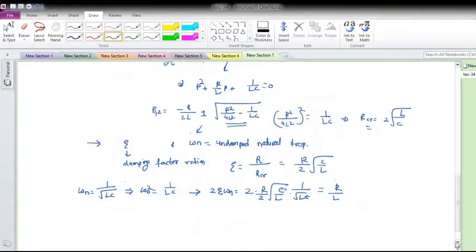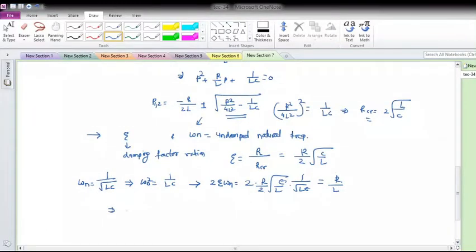Okay, so with this, I can write my characteristic equation, which I wrote in the operator domain, that is p square plus R by L p plus 1 over LC equal to 0, in terms of zeta and omega n, and basically this was my aim.